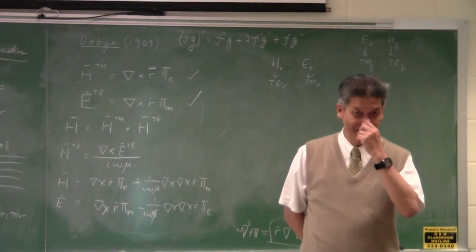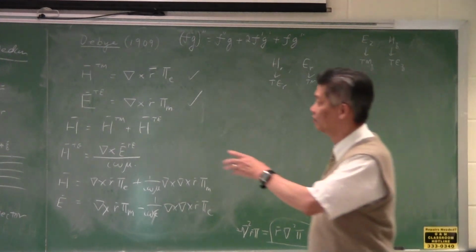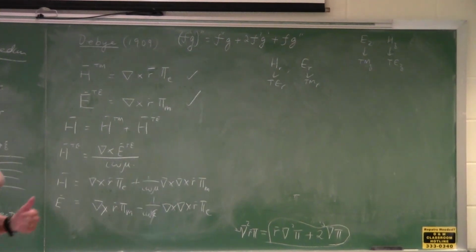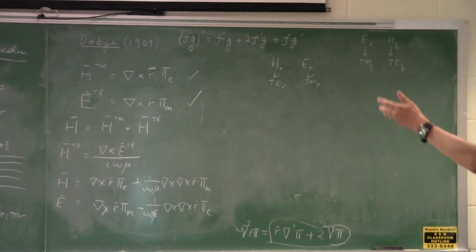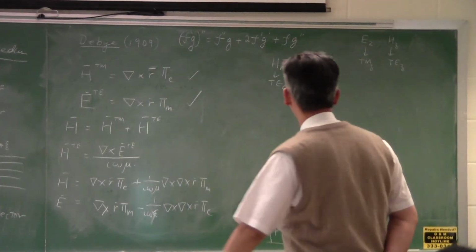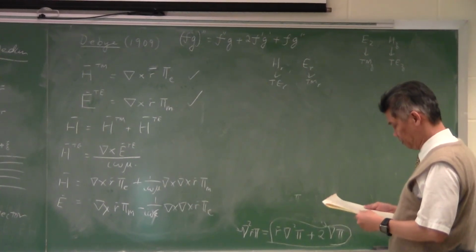So this is more like a decomposition into TE and TM waves, rather than what you do in maybe ECE570. There, A comes from the magnetic vector potential and F from the electric vector potential, and there's no decomposition into TE or TM waves. It's just a general way to solve a source-free problem. So we want to do this, and it's quite different.